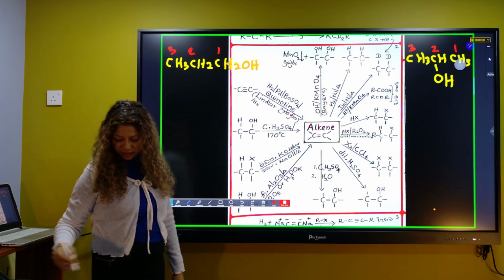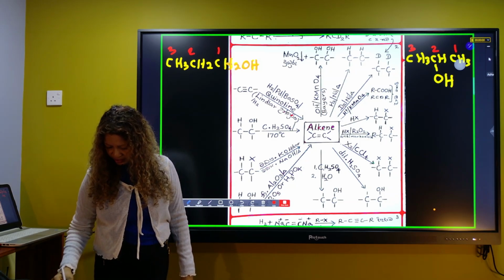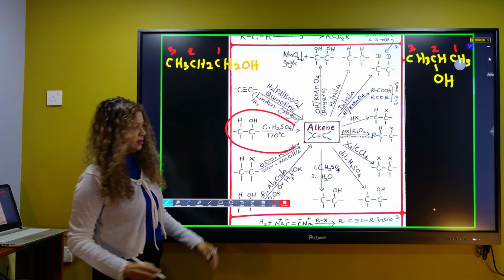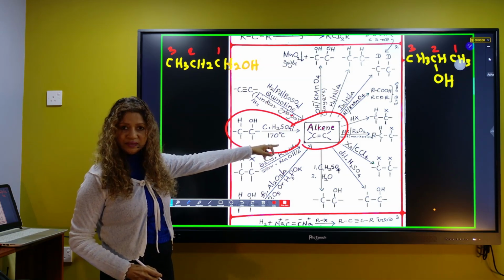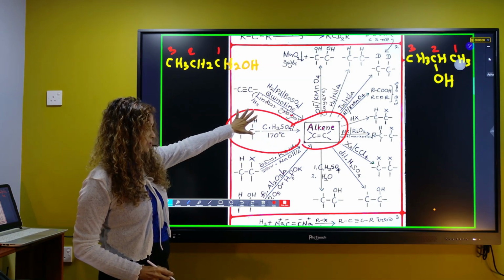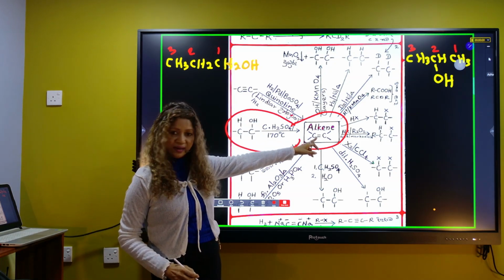In this reaction, when you add concentrated sulfuric acid and heat up to 170 degrees Celsius, you are removing OH and making an alkene.